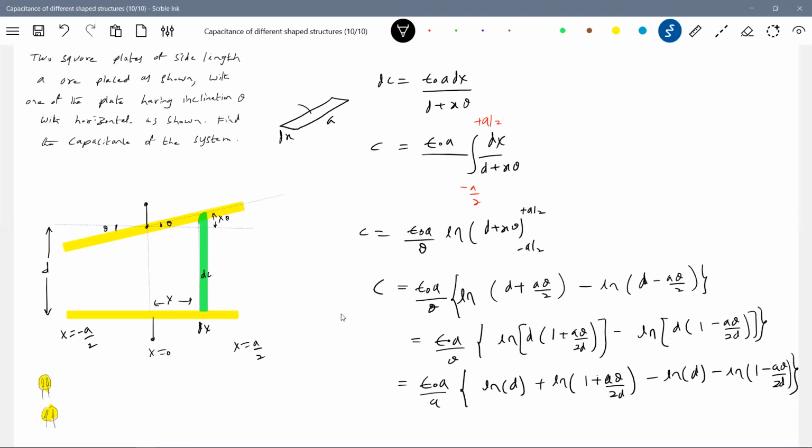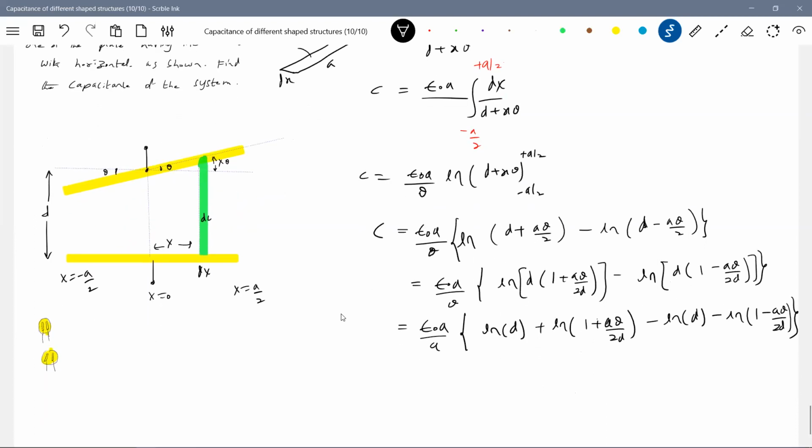Log d gets eliminated. Then we'll further simplify this. C is equal to epsilon naught a by theta, times log of 1 plus a theta by 2d, minus log of 1 minus a theta by 2d.